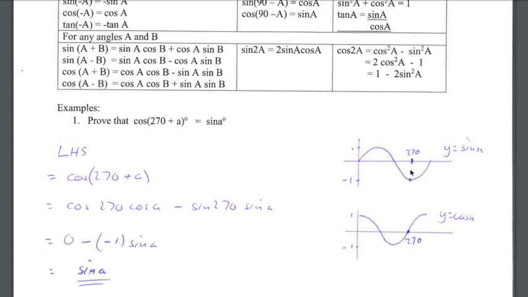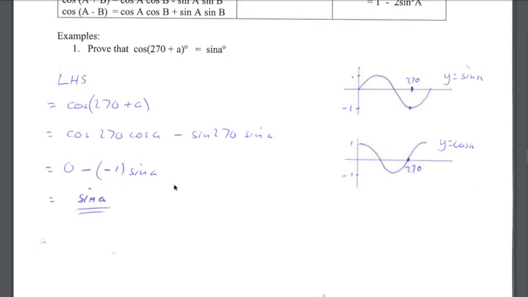Well, the sine of 270, sketch the graph again, guys. The sine of 270 is negative 1. So I have 0 minus negative 1 multiplied by sine a. Well, those two signs will make a positive, so we'll have positive 1 sine a, or we just have sine a, which is what we've been asked to prove.